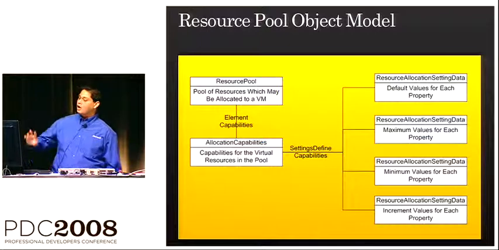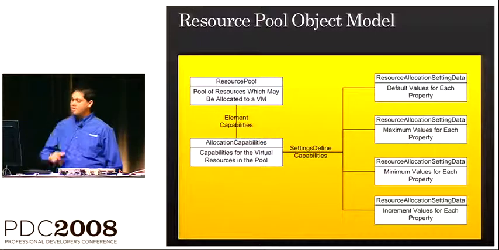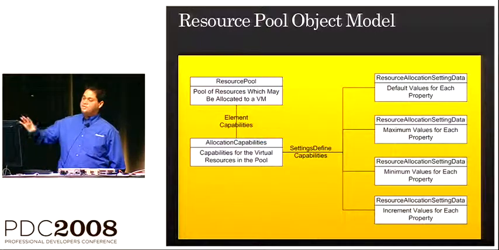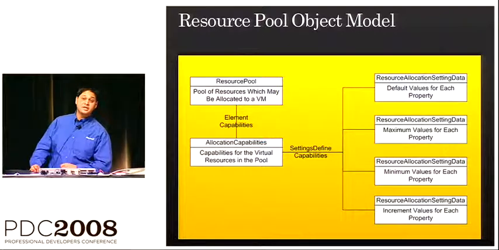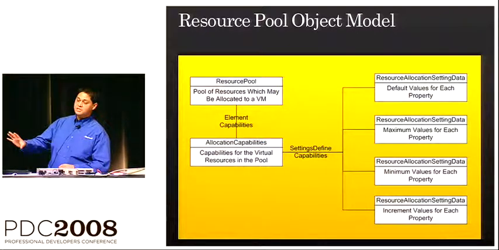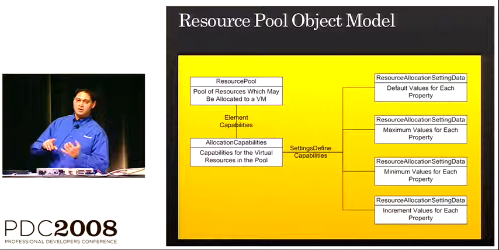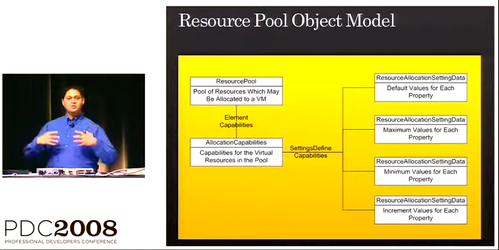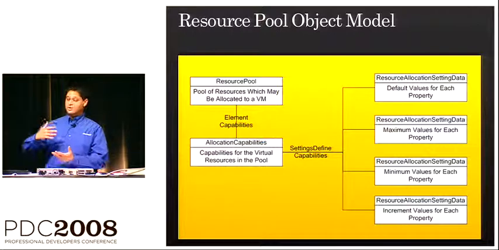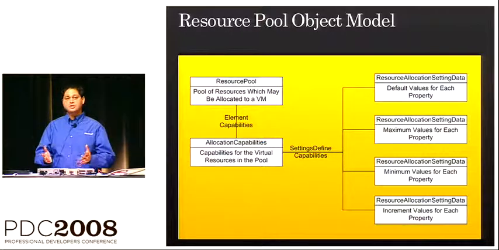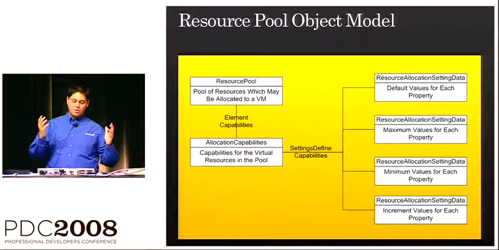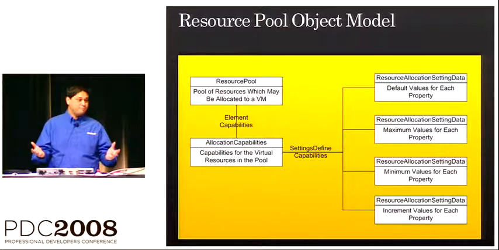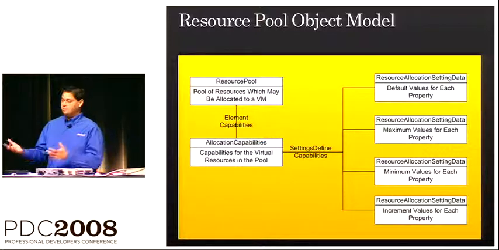On the right side of this diagram, you've got 4 instances of resource allocation setting data. What these describe are the default, minimum, maximum, and increment values for each of the properties that you can have. Essentially, it's telling you what the range of values you can configure this virtual device for.